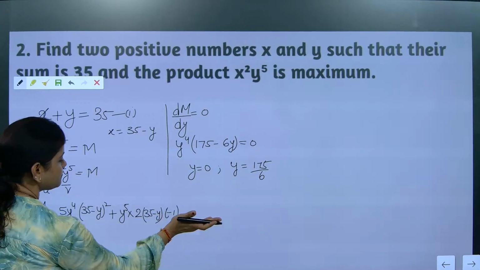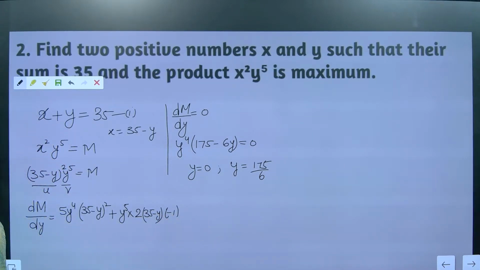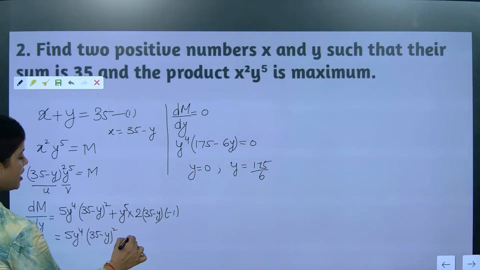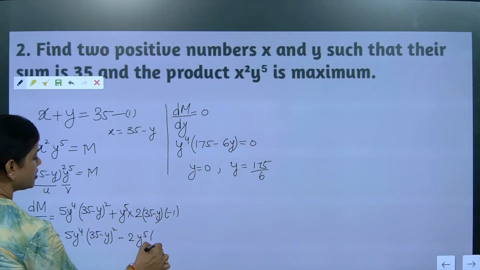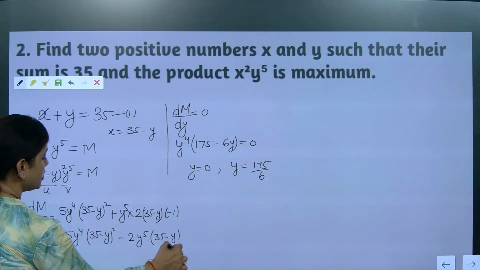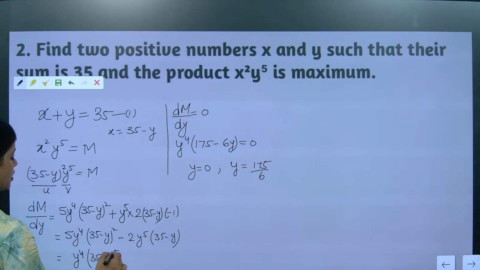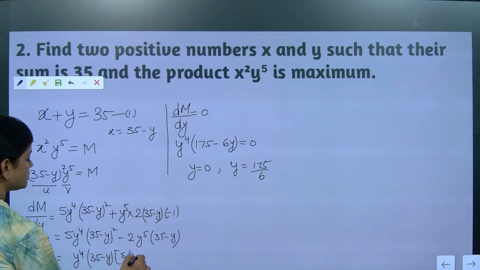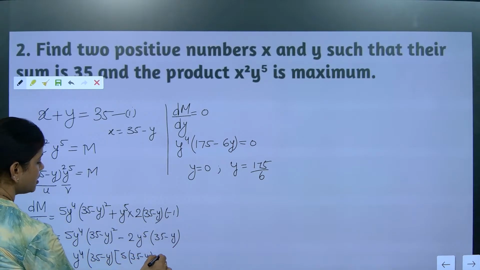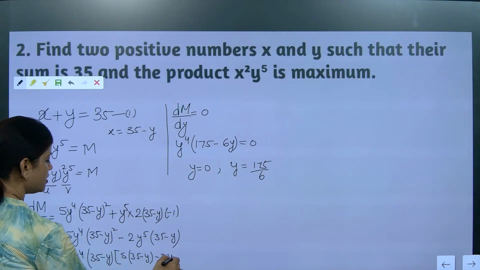Minus 1. So here 5y4 into 35 minus y square minus 2y5 into 35 minus y. Now beta, take what is common: y4 you take common and 35 minus y you take common. What is coming as 5 into 35 minus y minus 2y, take common.